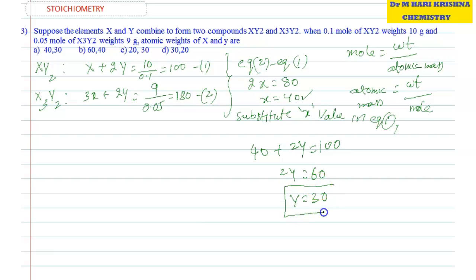So X is 40, Y is 30. So 40, 30 is option A. Option A is the correct answer.